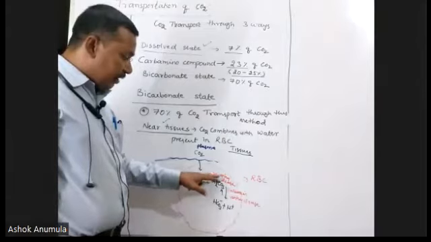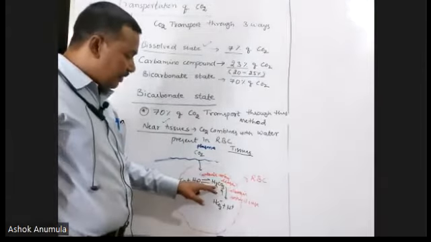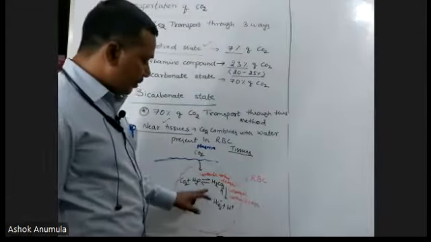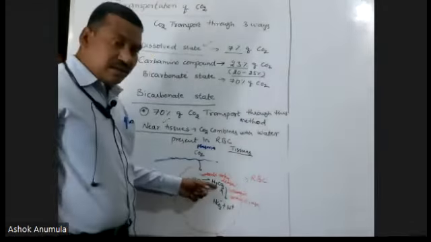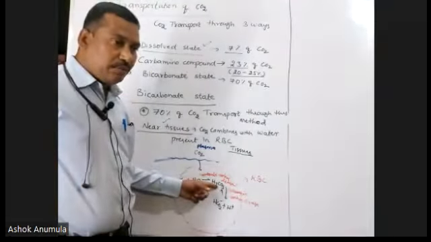In the presence of carbonic anhydrase, it develops into H2CO3, carbonic acid. It is unstable, so immediately it splits into HCO3 minus and H plus. HCO3 minus is bicarbonate.